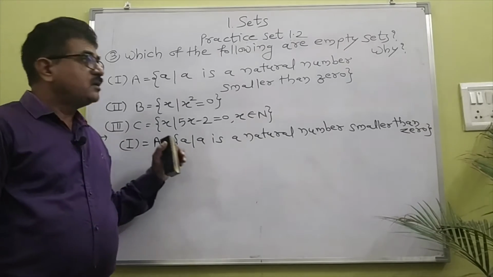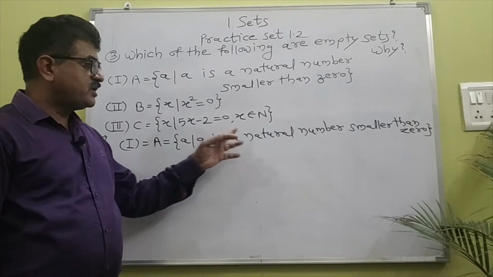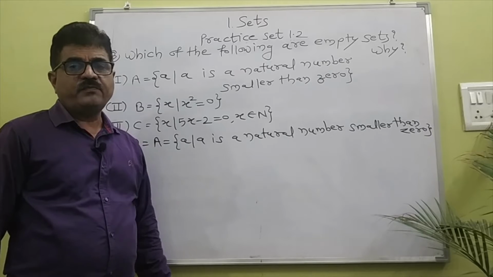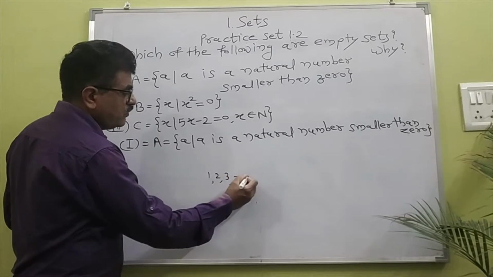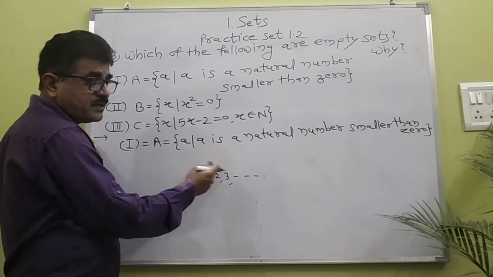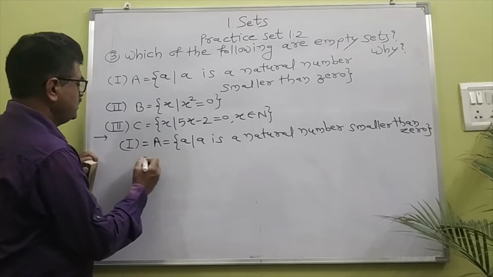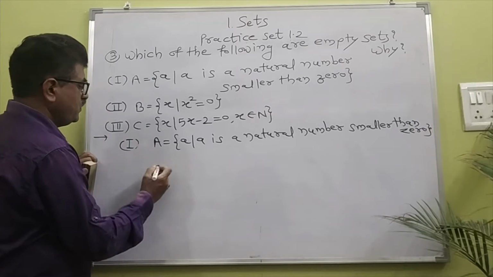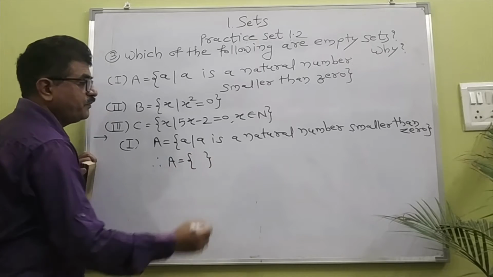Now which number is a natural number but smaller than 0? Natural numbers are 1, 2, 3 and so on. Is any of them smaller than 0? No, all are greater than 0. Therefore, set A contains no element.